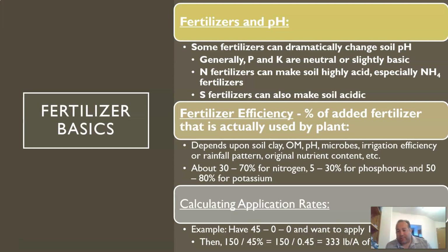So I've got 150 pounds per acre. So 150 pounds divided by 45. No, wait, it's not 45. It's 0.45 because it's 45%. That gives me 333 pounds per acre that I'm going to have to apply of that 45-0-0 NPK fertilizer.